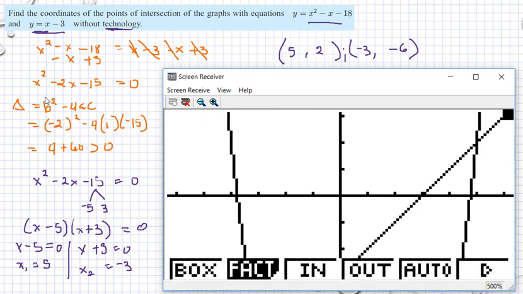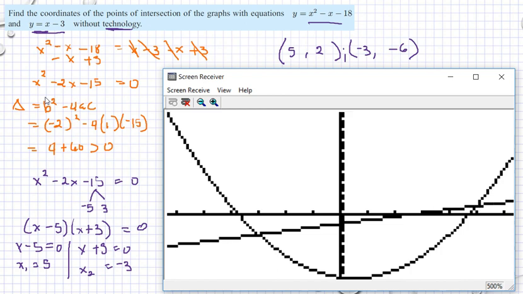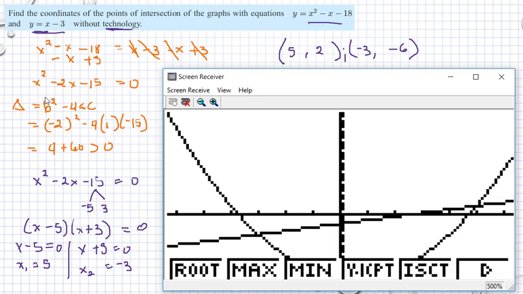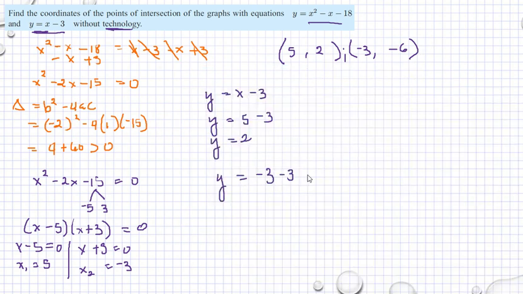Zoom auto so that we can see. There you go. And then if we want to see the point of intersection, F5, and then we have the intersection, F5 again. That's 1, negative 3 and negative 6, we got it. And the other is 5 and 2, we got it also. Right, we got it right. Okay.